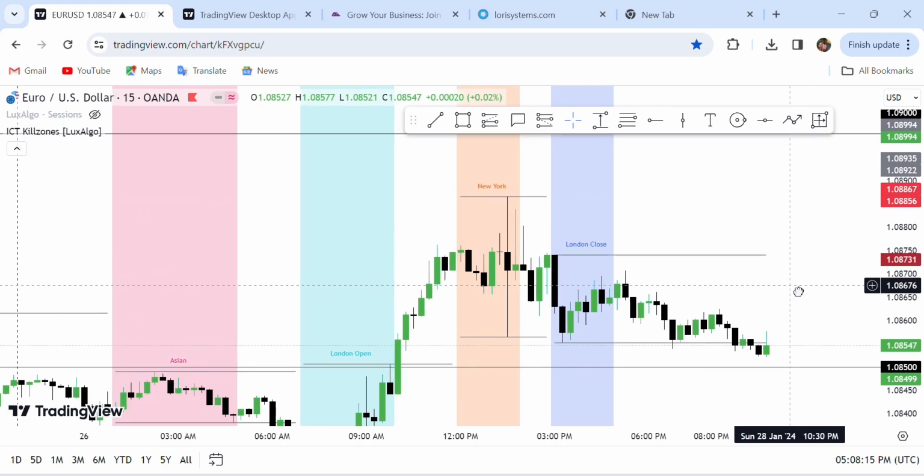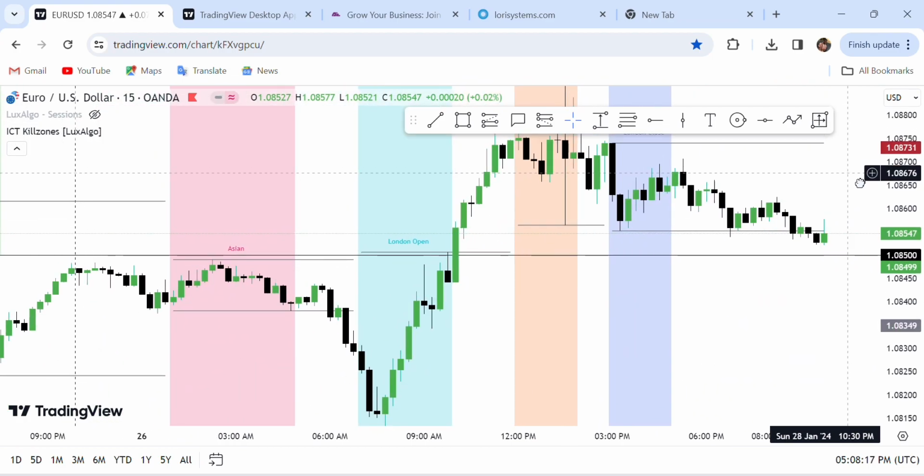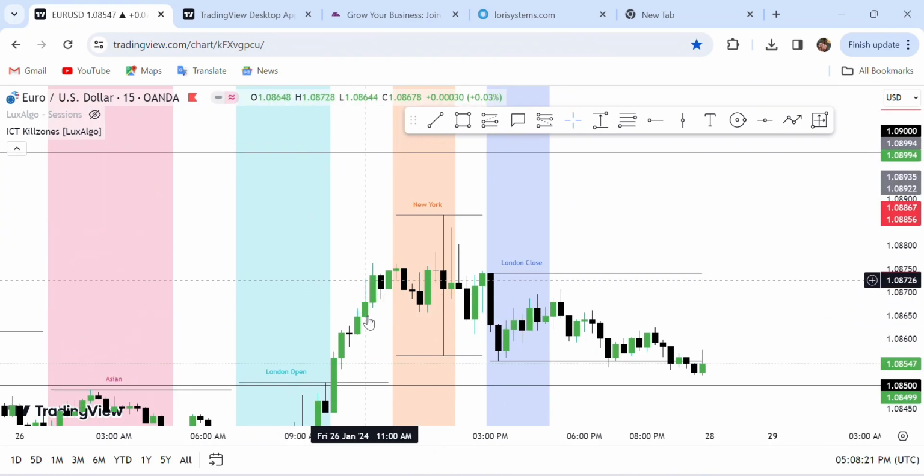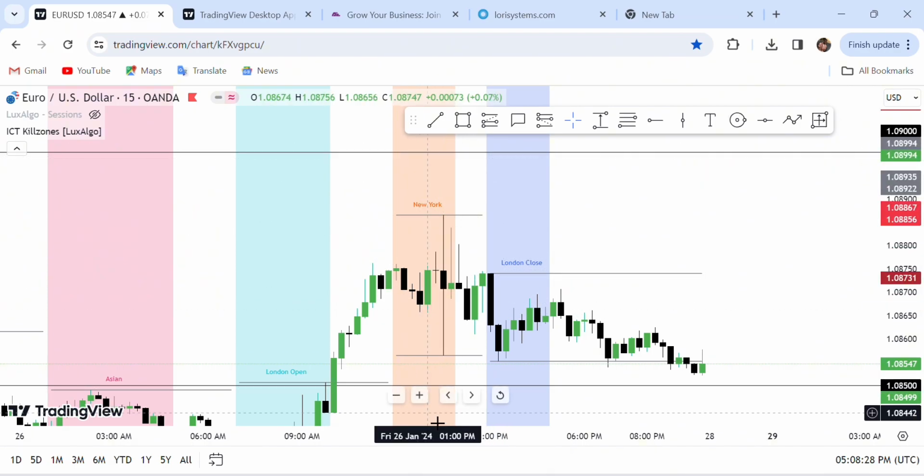So let's move on. Okay, so this was during London Open. During the New York Open too, price broke, but price is still hanging in between 1.0900 and 1.0850. Once price hasn't come back to touch this zone, I'm still not interested in what the market is going to do.